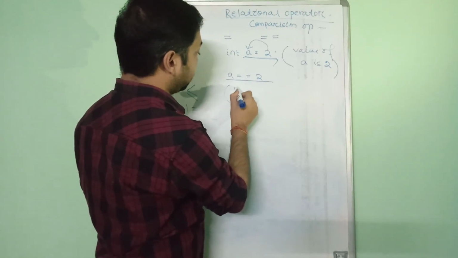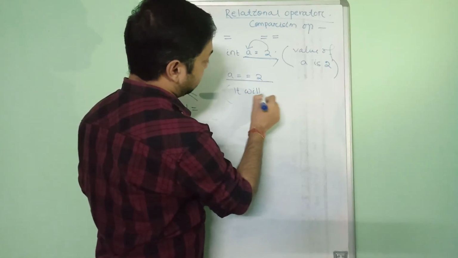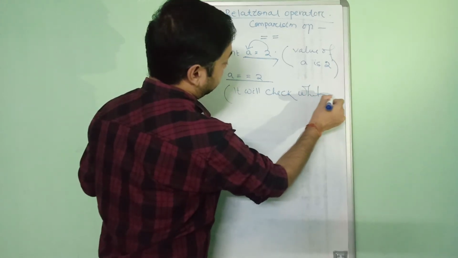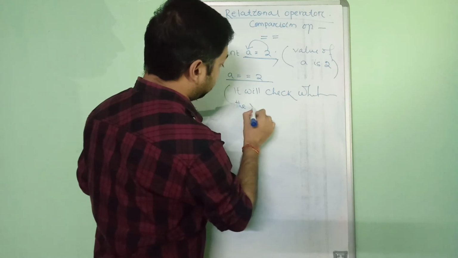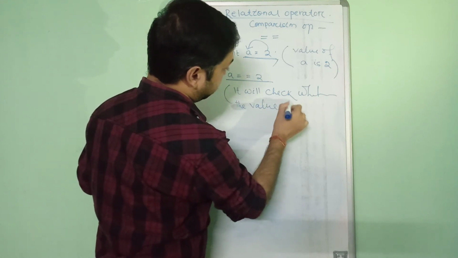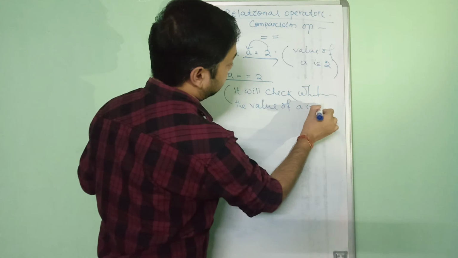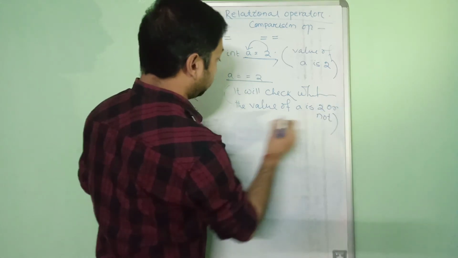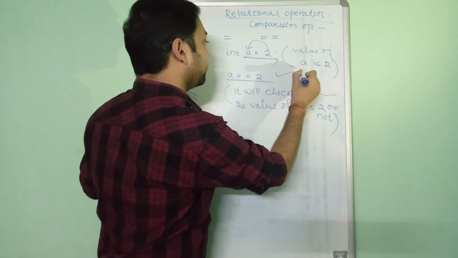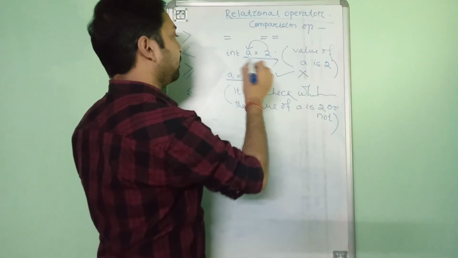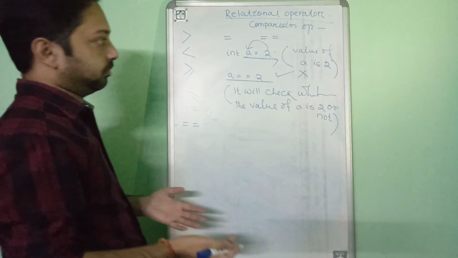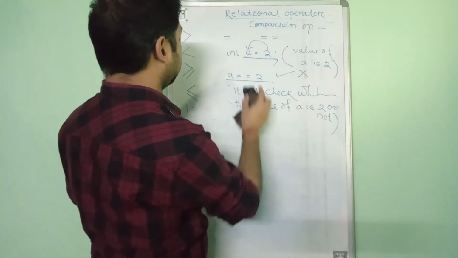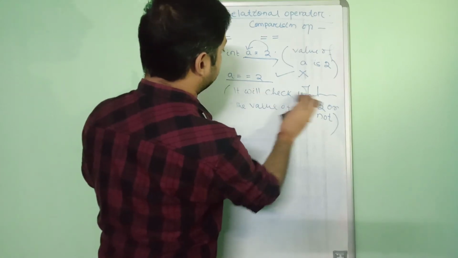That means it will check whether the value of A is 2 or not. So it may be true, it may be false. Value may be 2, value may not be 2. So this is your equal to equal to.